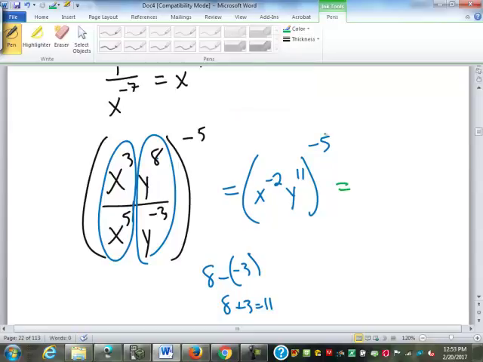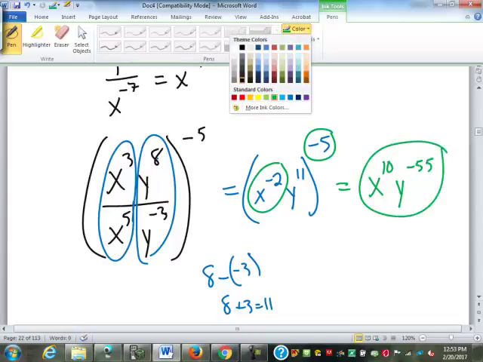So now to the power of negative 5, x to the negative 2 to the power of negative 5 is x to the positive 10. Negative 2 times negative 5 is positive 10. That's going to be y to the negative 55.